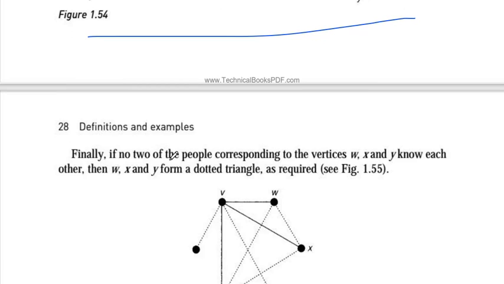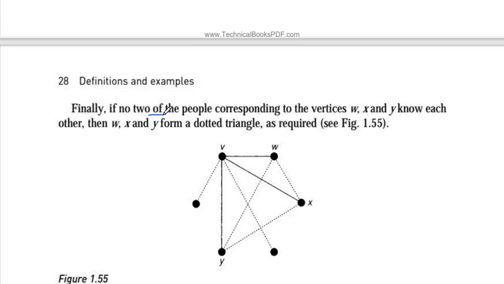Now say no two of the people corresponding to the vertices W, X and Y know each other. W and X, and W and Y, do not know each other. Then we can see that W, Y and X form a dotted triangle.